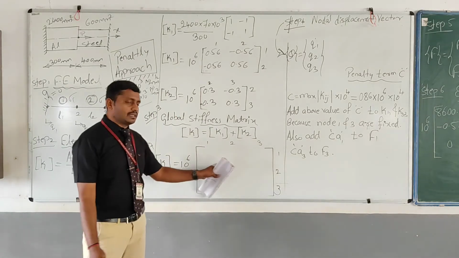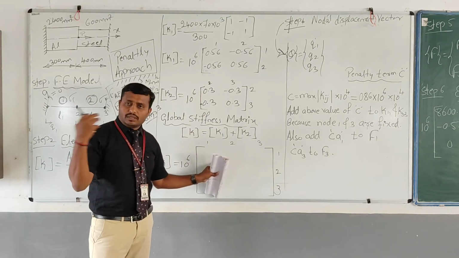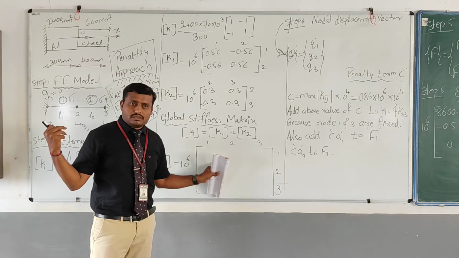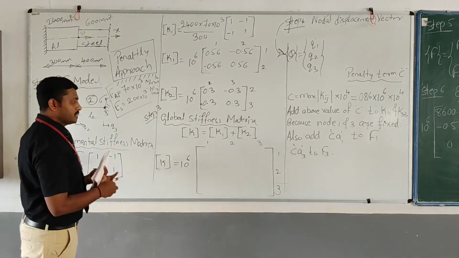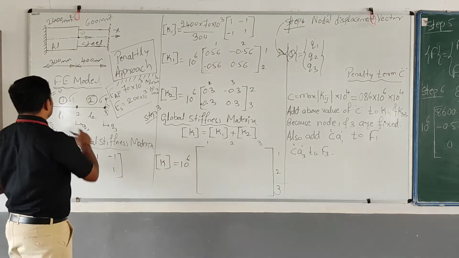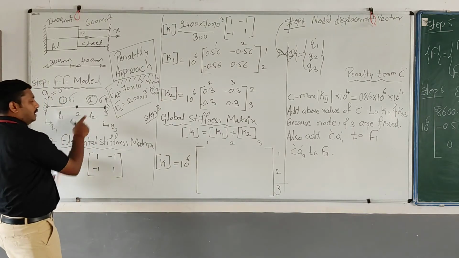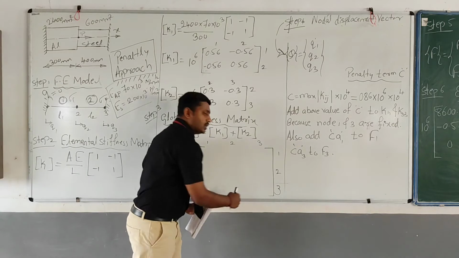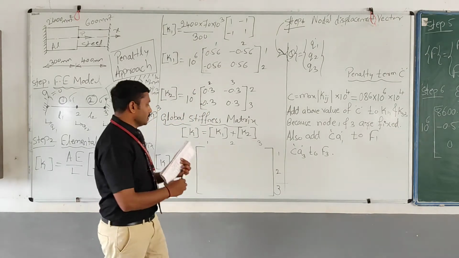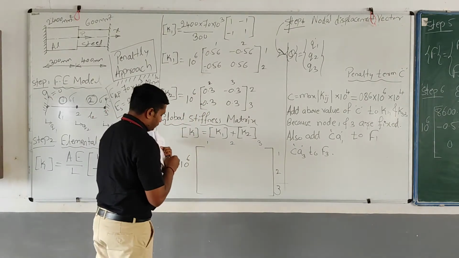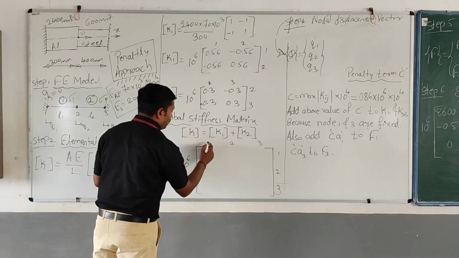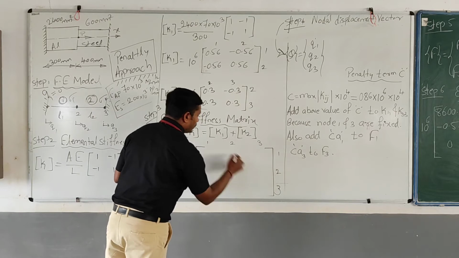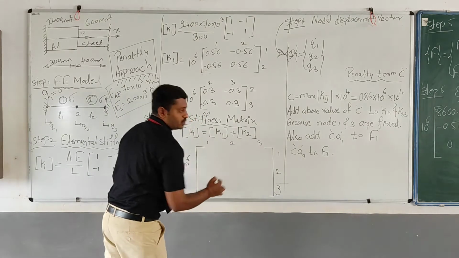There is a particular method we have followed in the previous sessions also, to get these elements inside the global stiffness matrix. We know that there are three nodes, 1, 2, 3. The matrix you get is of 3 cross 3 size. So I will give the numbers: 1, 2, 3 for columns and 1, 2, 3 for rows. There are 3 columns, 3 rows.